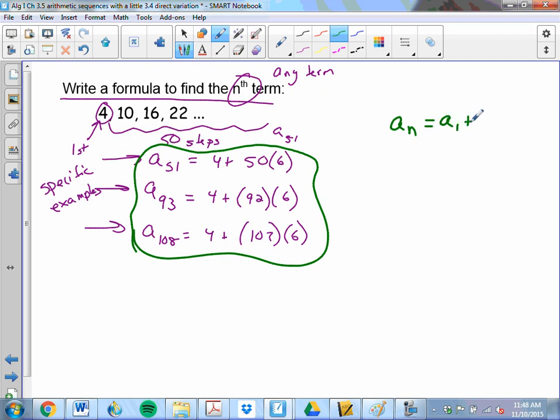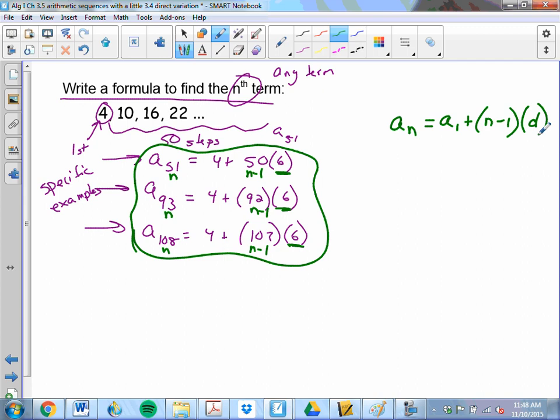I'm increasing by n minus 1, because here n is 51, so this is n minus 1. Here n is 93, so n minus 1 is 92. Here n is 108, so n minus 1 is 107. I'm going to have n minus 1 steps, and each step is a length of 6, and that's what we call our common difference.